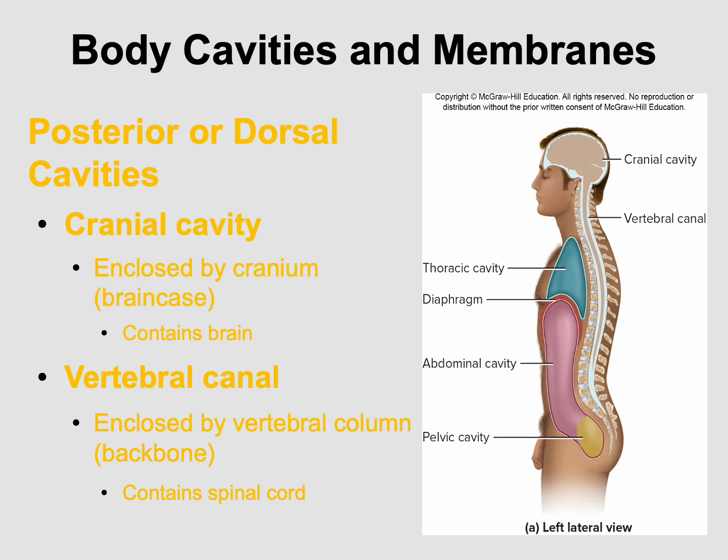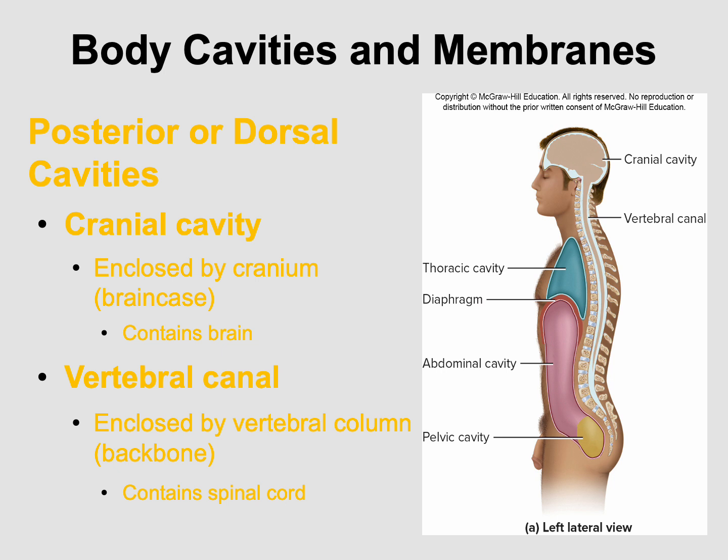So, first of all, the body cavities and membranes are divided into posterior and dorsal cavities. The first one is the cranial cavity, which, as I mentioned, is enclosed by the cranium, so the brain case or the bones of the skull, and this one houses the brain.